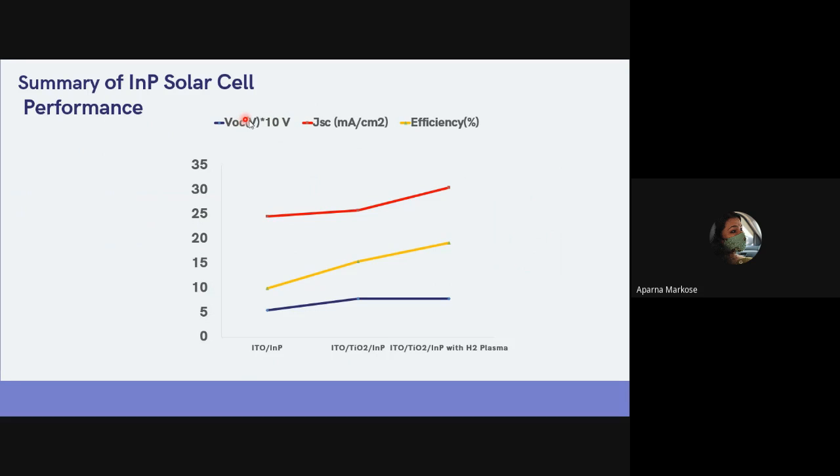This is actually only 734 millivolt. So I wanted to show you together in this graph, so I multiplied the voltage by 10. Then you can see it together with the efficiency and Jsc. I could also show it on another graph, but I wanted to show it like this so that you can relate.